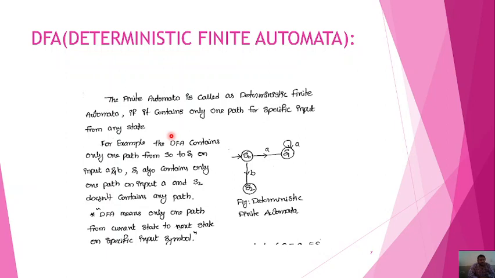In this way we can say that the finite automata is deterministic. Why? Because from Q naught on input A there is only one path, on B only one path, and here also on A only one path. There are no multiple paths on any state on any specific input. That's why this particular finite automata is a deterministic finite automata.